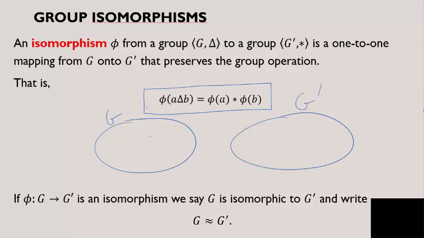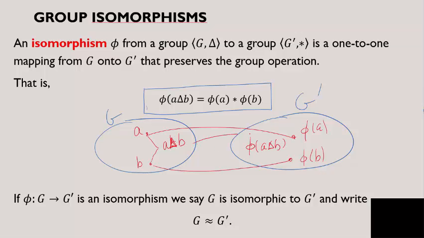Now, phi takes G to G prime, and let's put A and B in G, and they each have an image, phi of A and phi of B. What preserving the operation means is that if we do the operation in G, A delta B, and then map over, we get phi of A delta B. But that has to be the same as phi of A star phi of B. In other words, it doesn't matter if we perform delta first and then map, or if we map from A, map from B, and then perform the operation inside of G prime.